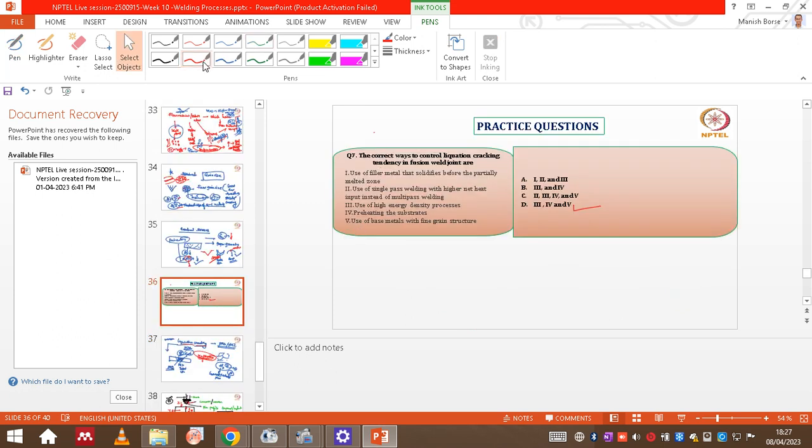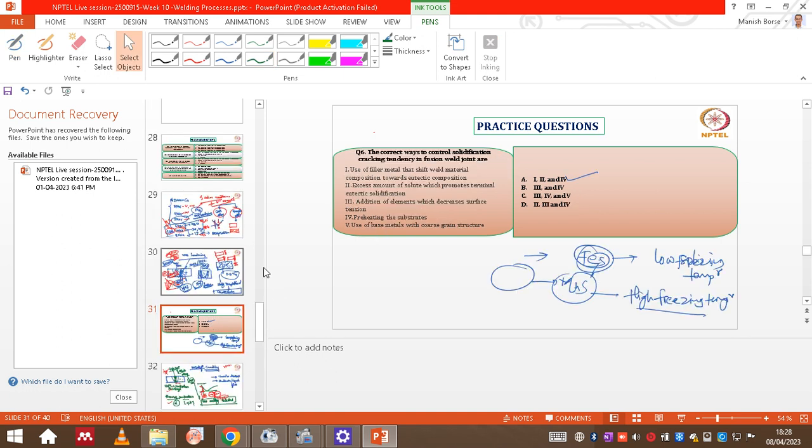Okay, so this is just a question from the last year's course I took regarding welding metallurgy, where I was a TA for the course. In this question they asked the correct way to control the solidification cracking tendency in fusion weld.